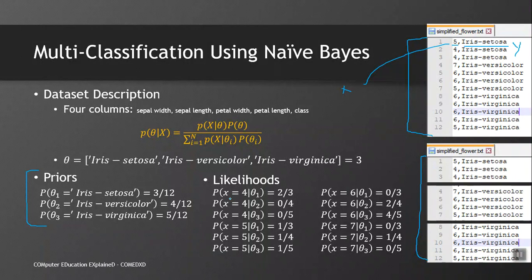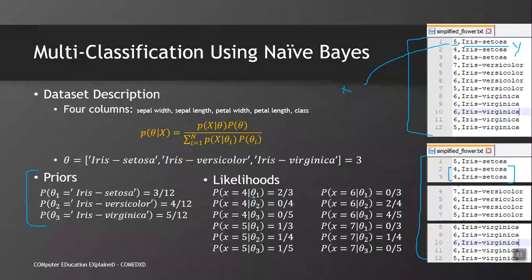So, the probability of x being 4 given class theta 1. What is the probability that in the first class x would be 4? That is 2 by 3. Here you can see that there are 2 instances which have the value 4 out of these 3 instances.